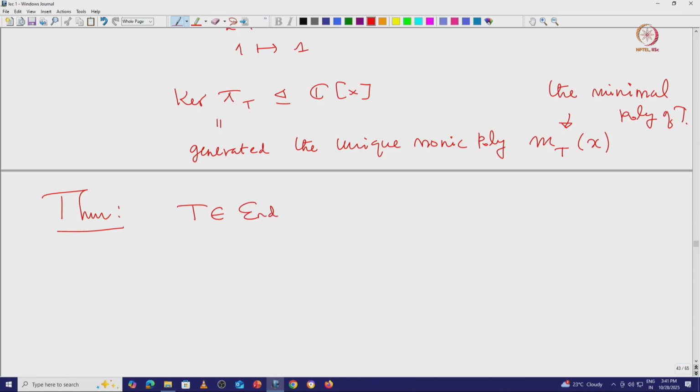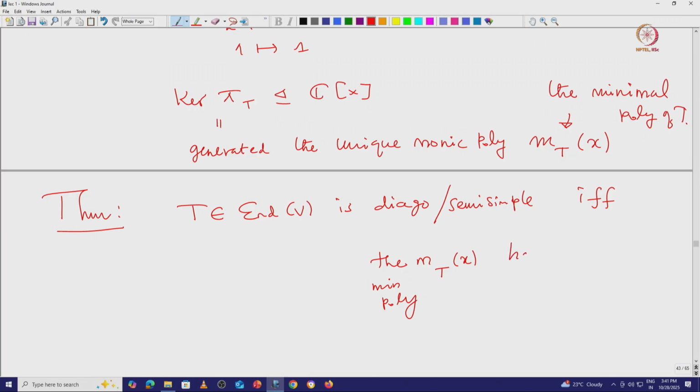An operator is diagonalizable or semi-simple if and only if the minimal polynomial m T of x has no repeated roots.